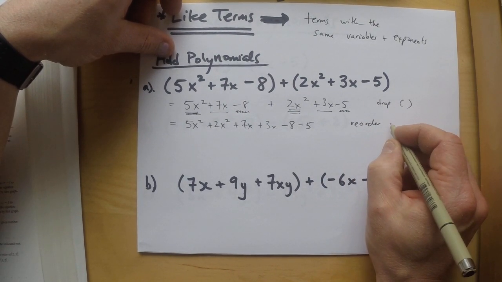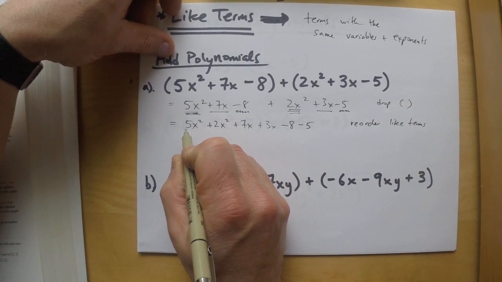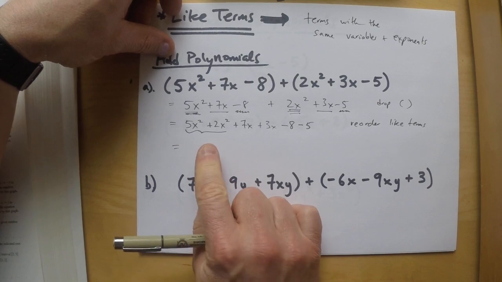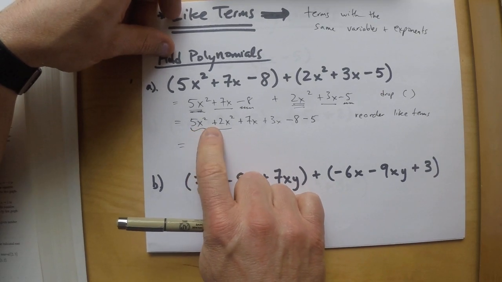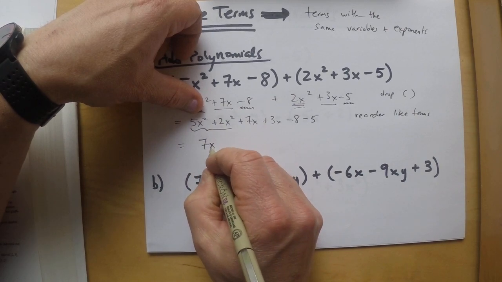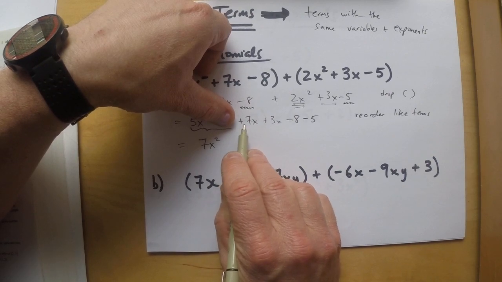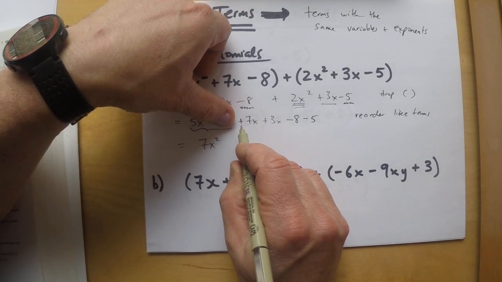Reorder in like terms. And then I can just collect these like I'm collecting eggs. So 5x squared plus 2x squared, 5 eggs plus 2 eggs, 7 eggs. Plus, so then I'm adding 7x plus 3x.